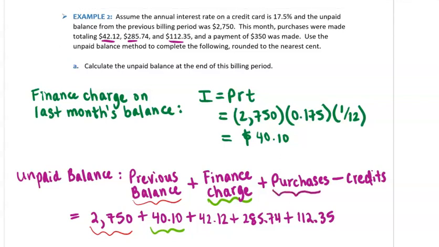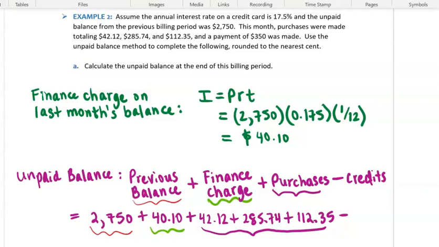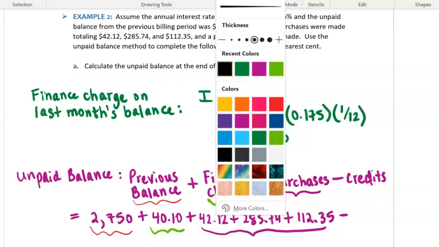Okay, and then we have our purchases. That's all of these. And then we're going to subtract any credits. So that would be if any payments are made on the account towards reducing the balance, or if any returns are made.